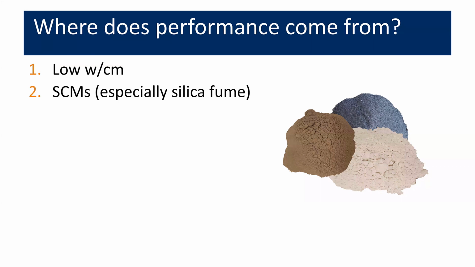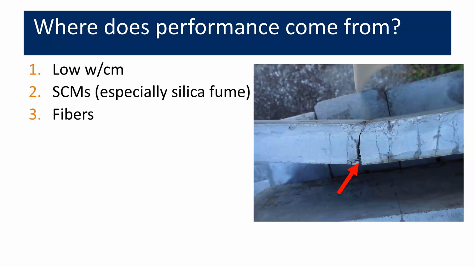The silica fume and other SCMs that are present can produce additional hydration products that make the concrete denser, stronger, and more durable. As John alluded to as well, the fibers are going to contribute significantly, in particular to the ductility and post-cracking strength of the material.